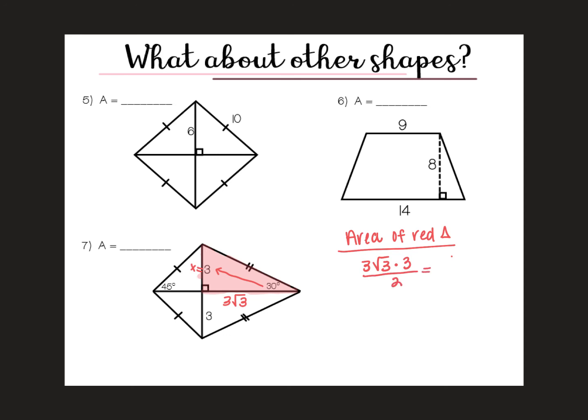On the numerator, that gets me 9 square root of 3 divided by 2. And you can either leave it as a fraction, or you could make it 4.5 square root of 3. Now the area of the red triangle is also the same as the one right below it. So I could just double that to have the area of these red pieces.